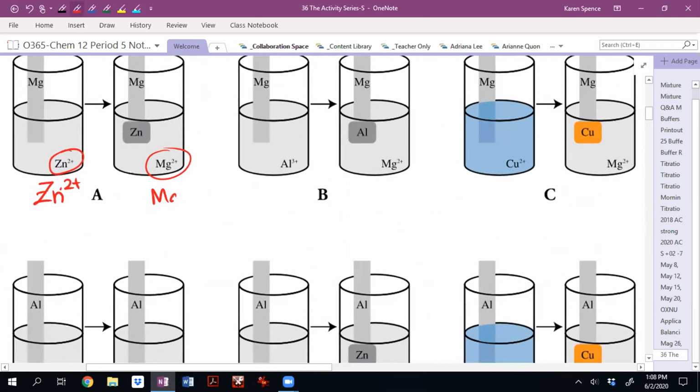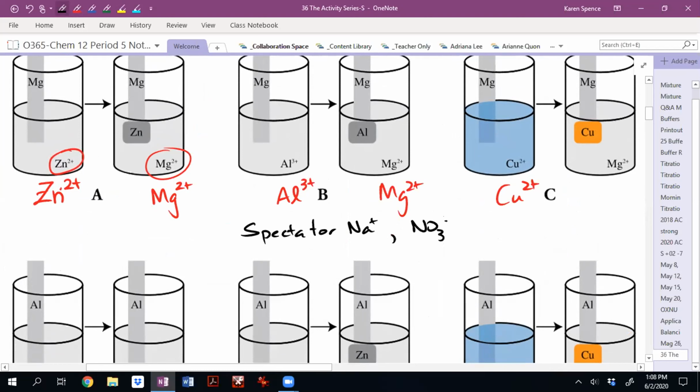They contain magnesium 2+. They contain aluminum 3+, magnesium 2+, copper 2+. Is my spectator that's not been shown more likely to be sodium, or is it more likely to be NO3-?